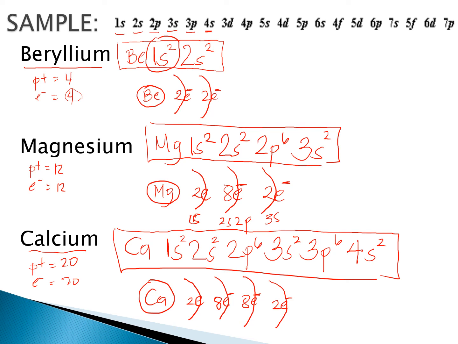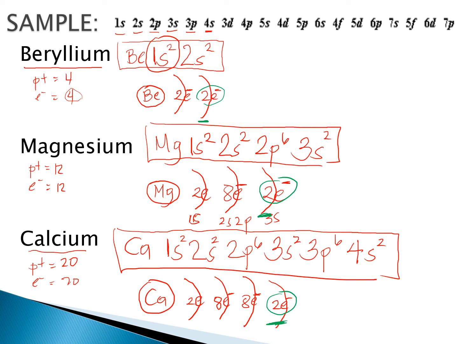Because if you notice, their outermost energy level, let's highlight it with color green, has the same number of electrons: 2 electrons, 2 electrons, 2 electrons. That's why beryllium, magnesium, and calcium are placed in the same family.